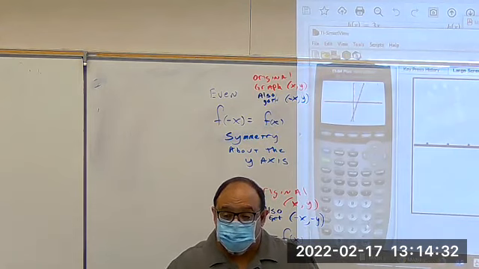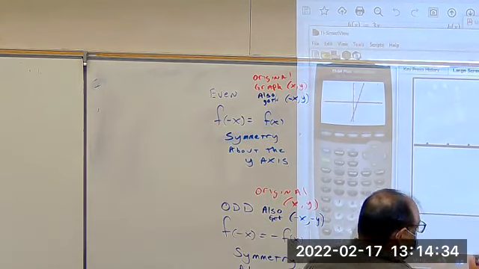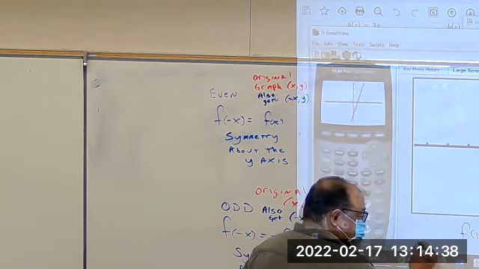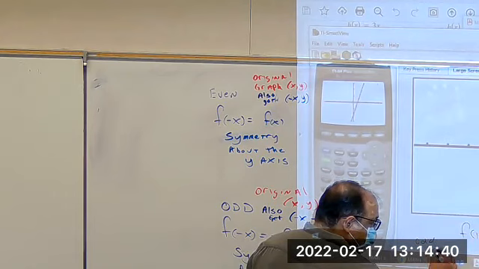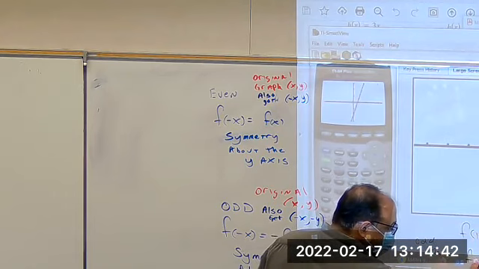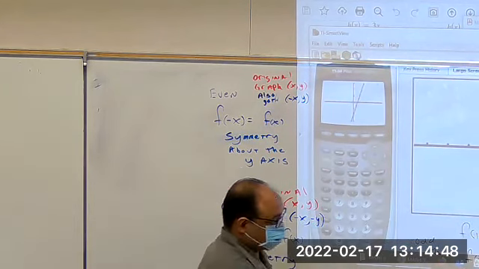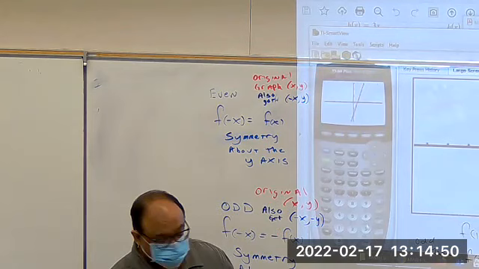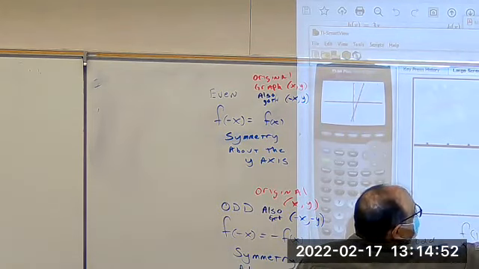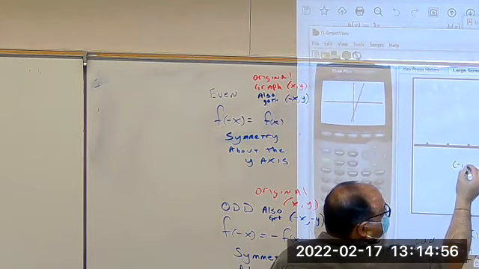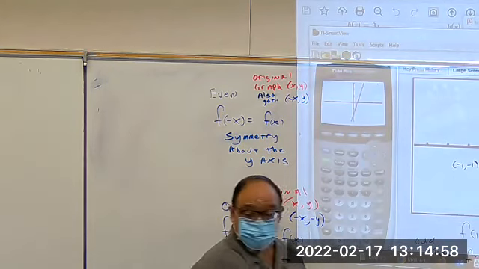If it actually is odd, then when you plug in -1, you're supposed to get the opposite of that answer. You should get -1. Well, let's look. If I plug in -1, I should get that point right there at -1, -1. Did I?